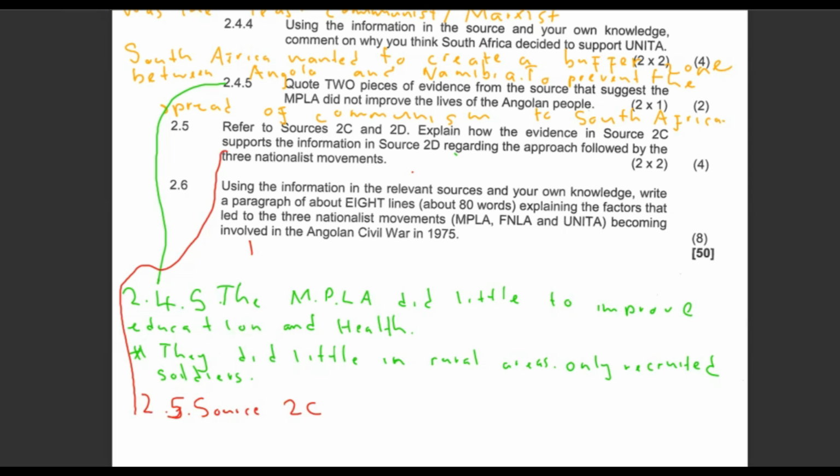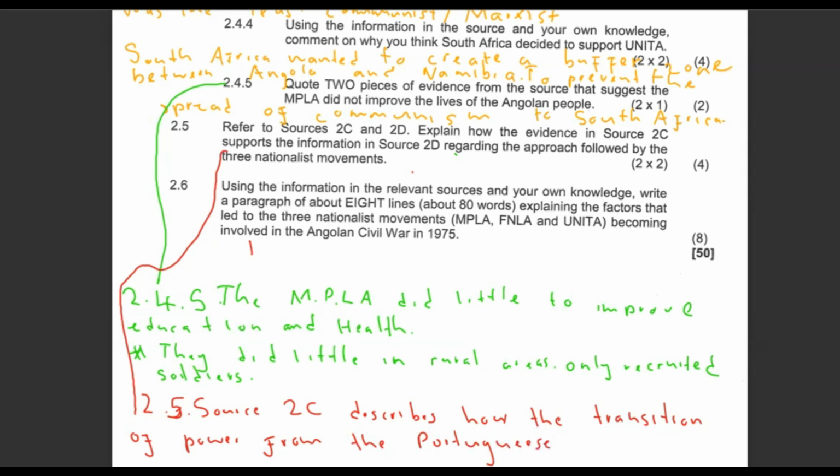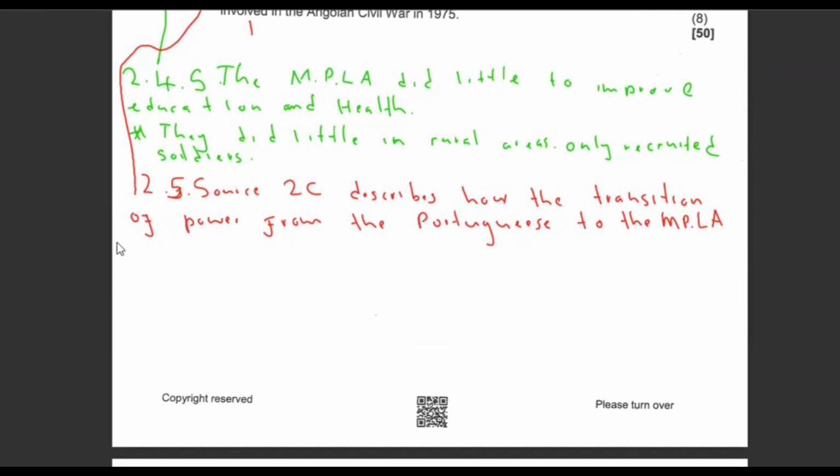Source 2C describes how the transition of power from the Portuguese to the MPLA was disastrous for the country.